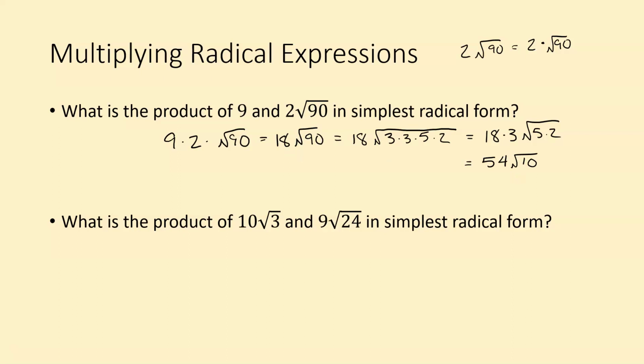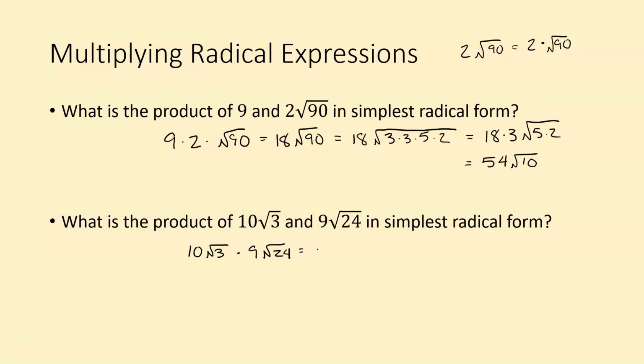So let's look at an example where they both have radicals attached to them. So here we would have 10 root 3 times 9 root 24. And remember, like I said, up here I have 2 root 90 is the same as 2 times root 90.